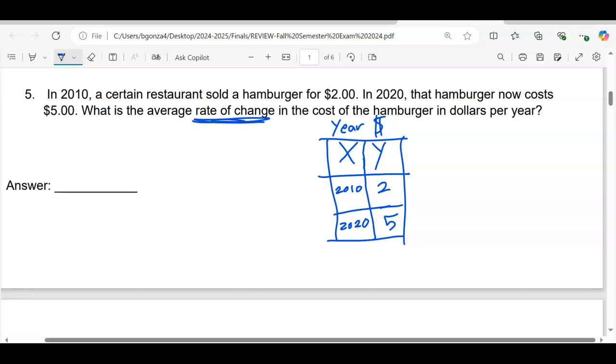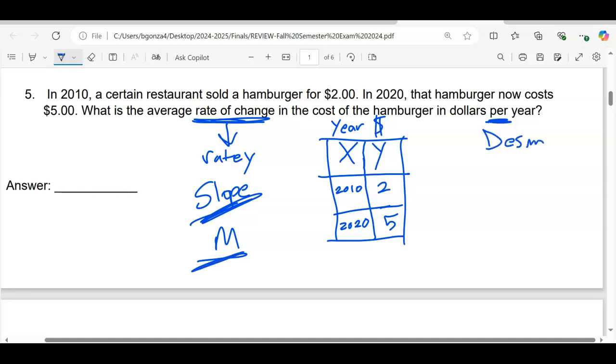Okay, what is the average rate of change? Do y'all remember Rady the math cat? Per, right? Per year. Rady, that's talking about slope. That's the m. So if you remember, you can go to Desmos, put in a table, and then you have to type in the next line y1 squiggle mx1 plus b, and then we're going to look at that m value, right? Well, let's try that.